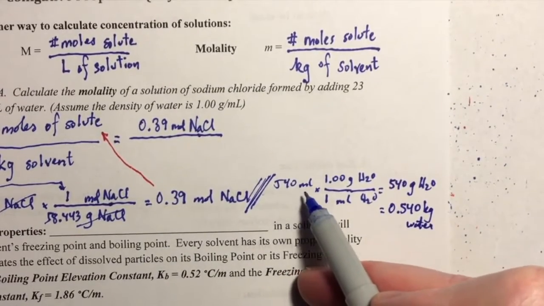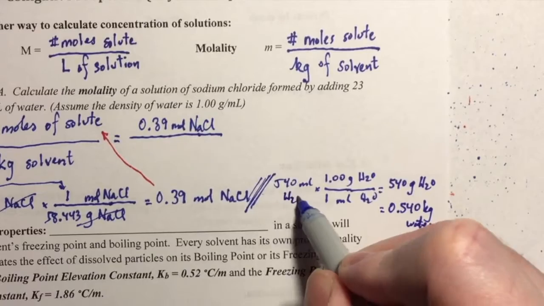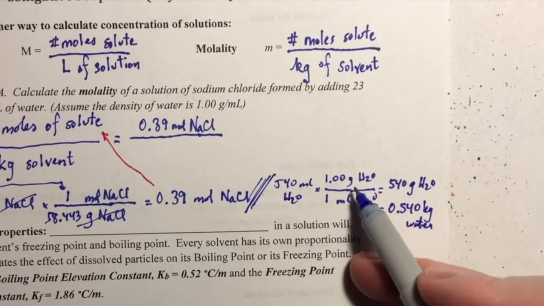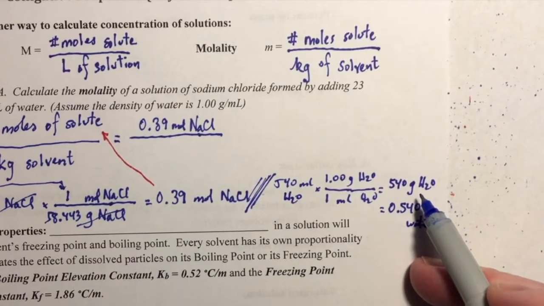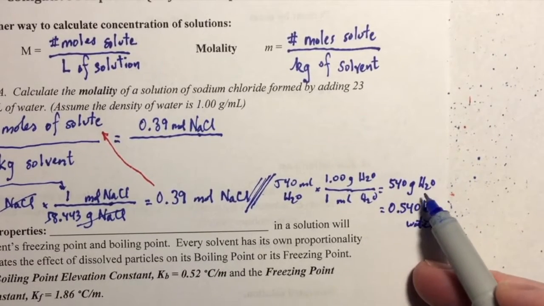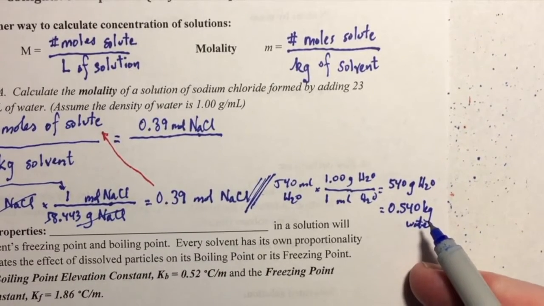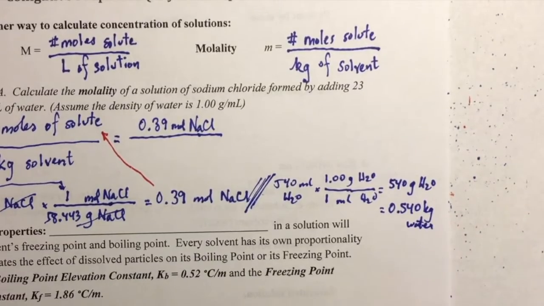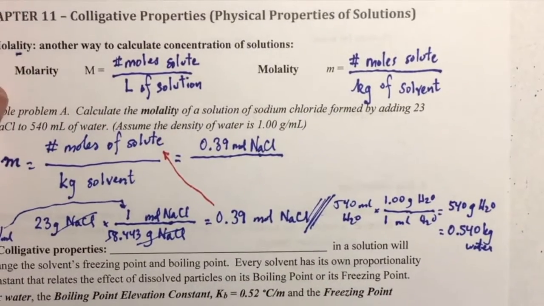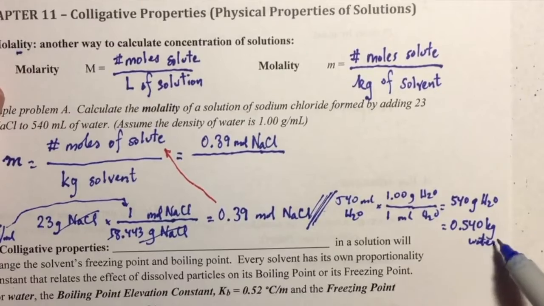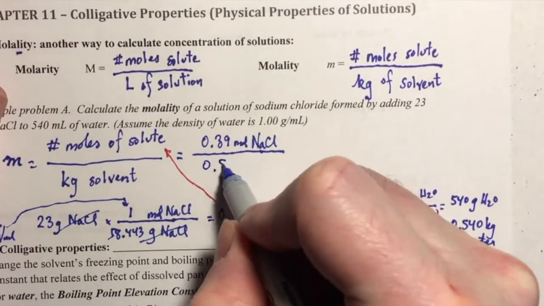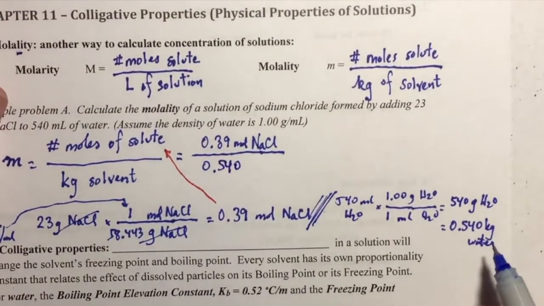So again, I took the number of milliliters of water, converted it to grams of water using the density, and then I will convert those grams of water to kilograms of water by dividing by 1,000. So that then gives me my kilograms of water, 0.540 kilograms of water.